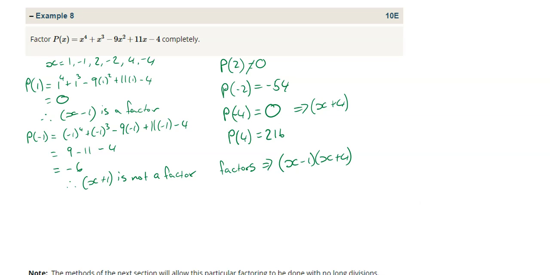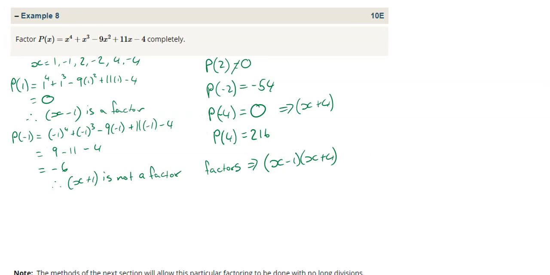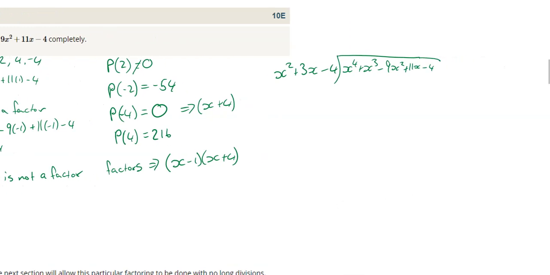Yeah. Okay, so we'll do our long division with that, and that ends up being x squared plus 3x minus 4, and long division of that and our x to the 4 plus x to the 3 minus 9x squared plus 11x minus 4. But at least, at the very least, we only have to do one long division, I think. Whatever this answer here will be something that doesn't have zeros.